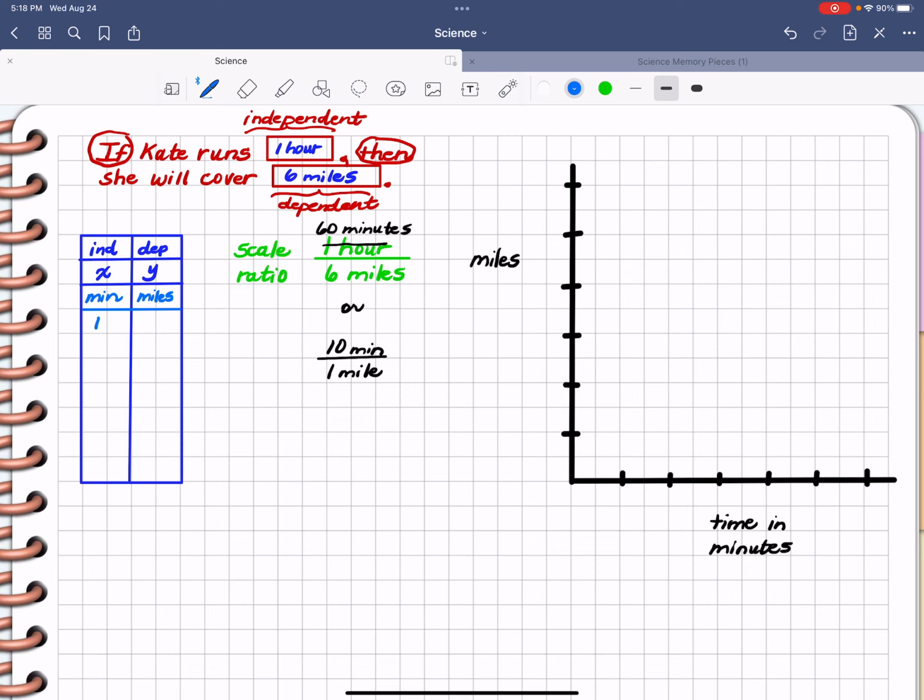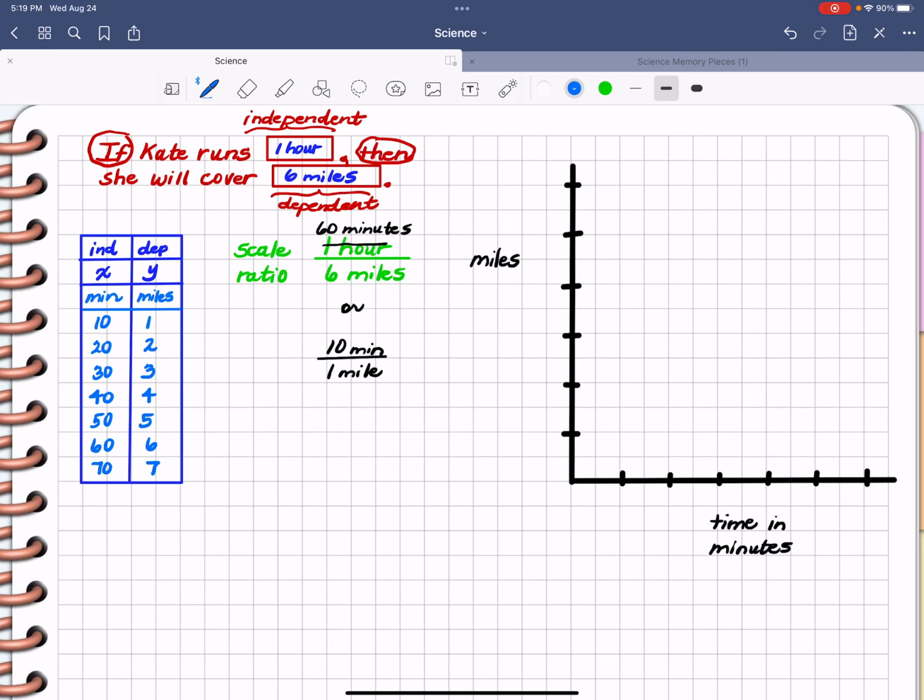So 10 minutes, 1 mile. 20 minutes, 2 miles. 30 minutes, 3 miles. You could also talk about this as a function because the scale factor doesn't change. It's 10 to 1 every single time you add a value. That's the definition of a function, or a definition of a function. I'm not going to graph all that, but I just wanted you to see it.